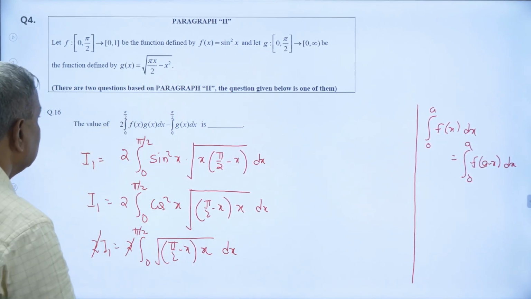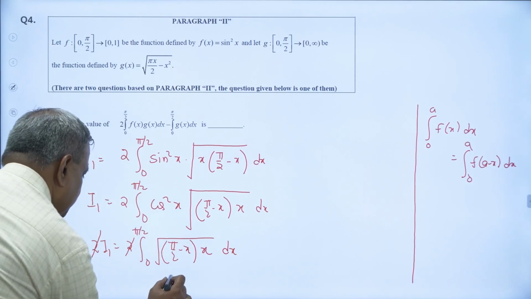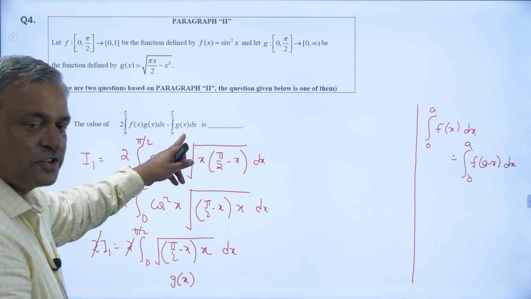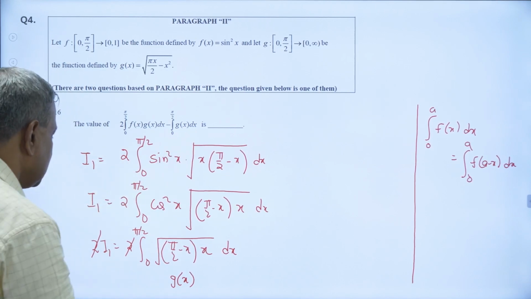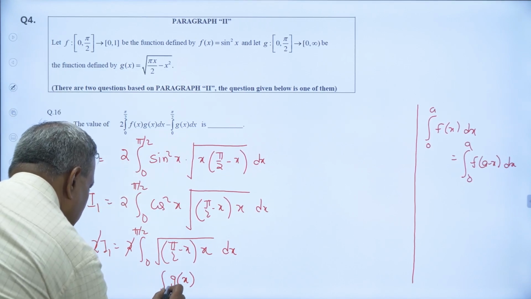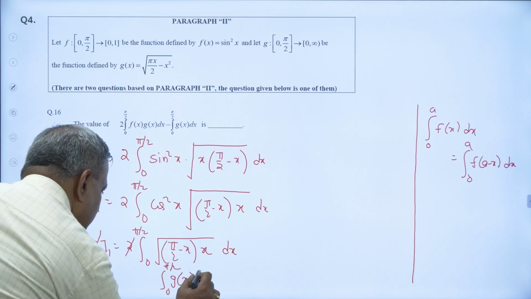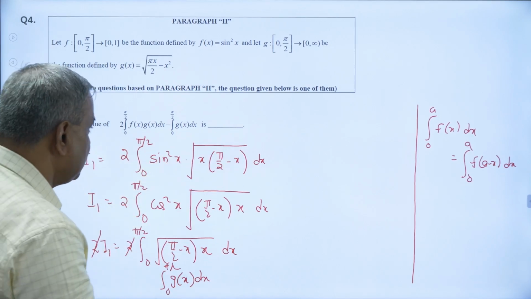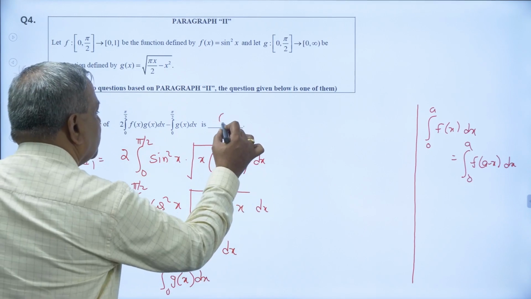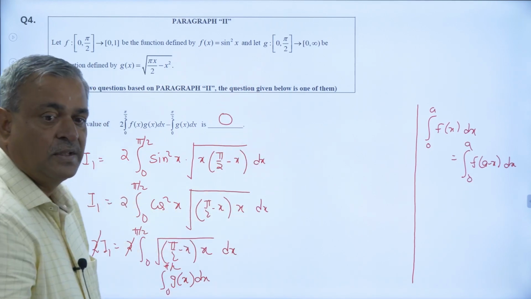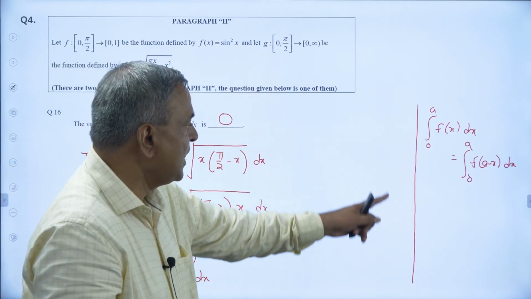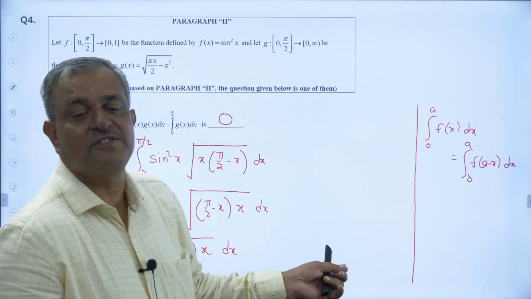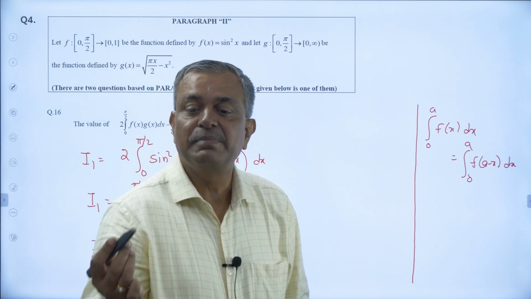This is nothing but g of x, which is given to us. So this is integral 0 to pi by 2 of g of x dx. So g of x dx minus g of x dx, the value will be 0. The answer is 0. Actually, if you identify it, without touching the pen you can easily say the answer is 0. It will take less than a minute.